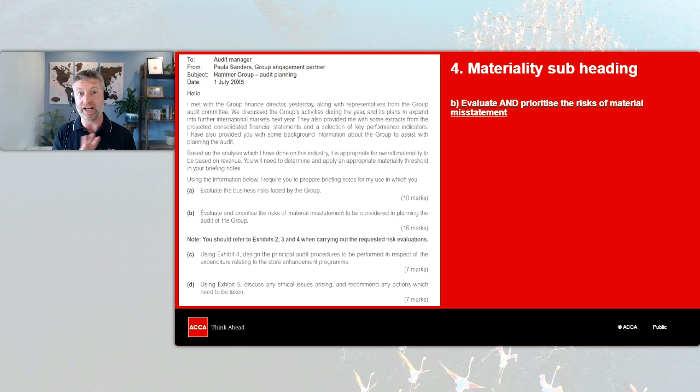Okay, so in part A, materiality is not relevant. Part B is where materiality is relevant, and therefore that is where my materiality paragraph should go.